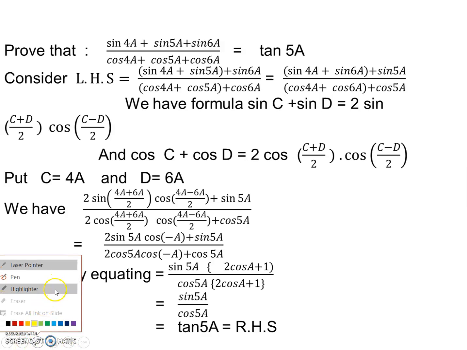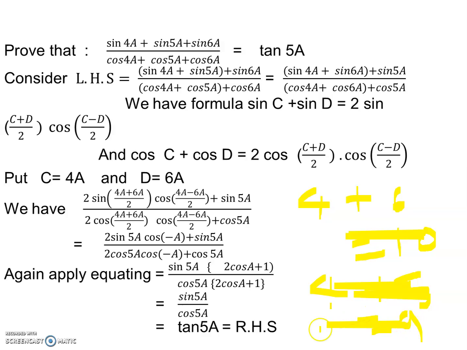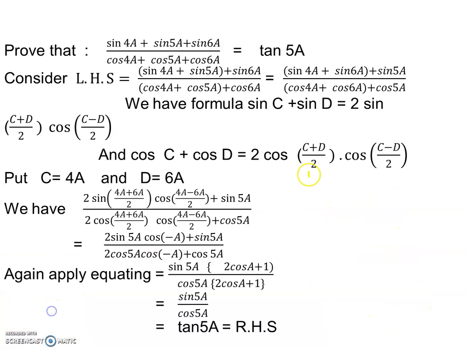Because if I take 4A plus 5A, that is 9A, it is not divisible by 2, while 4A plus 6A gives an even number. That's why we group 4A and 6A first and keep the other as an odd angle separately.